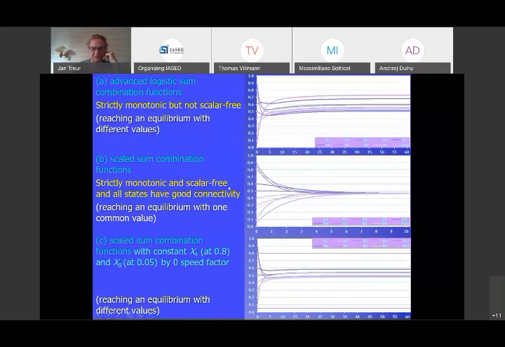That explains this. And this one is still a bit different because we still have a function that satisfies the type of conditions on the aggregation, but this one does not satisfy the connectivity condition.